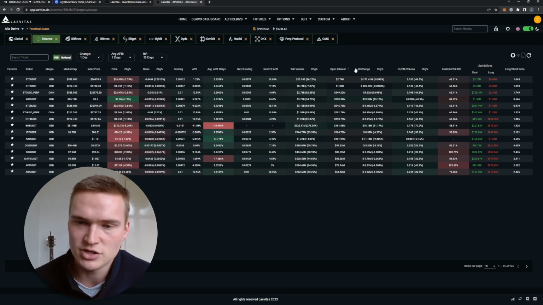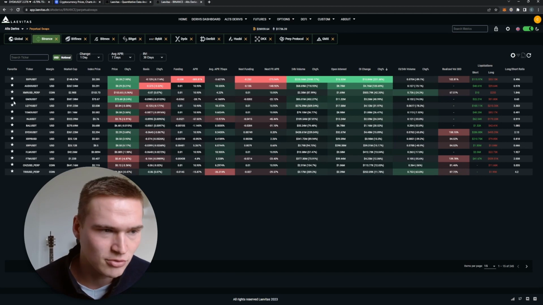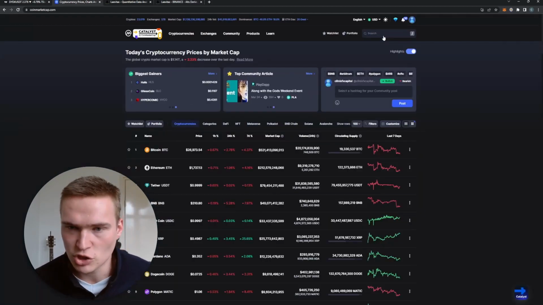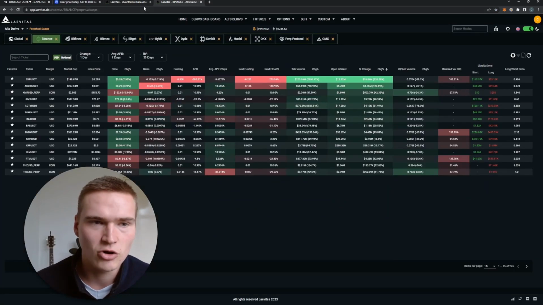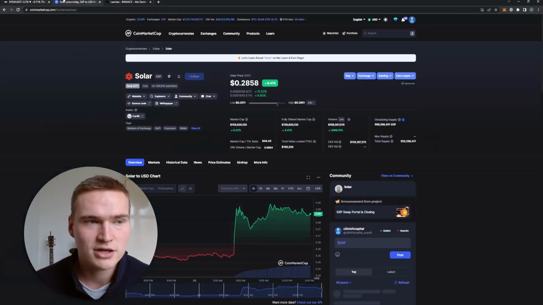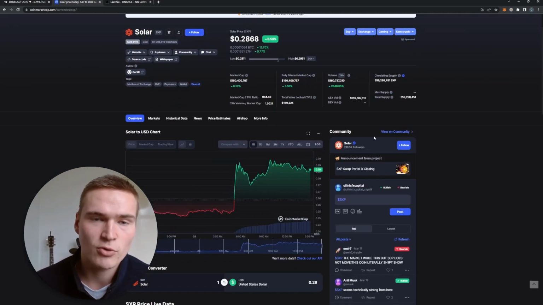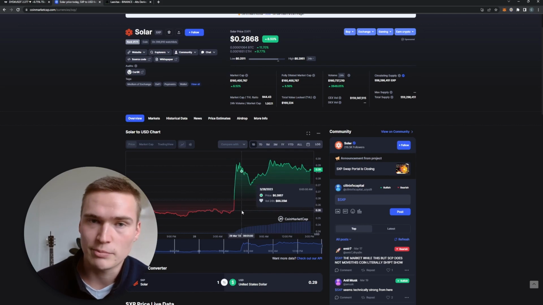You can filter on OI change or change in percentage. If you do that, you can see, for example, SXP, which is Solar, I believe, has had a huge increase in open interest. It's gone up by 231%. And then you can see the price has pumped up quite a bit. Now, the open interest was probably not that high before it pumped.